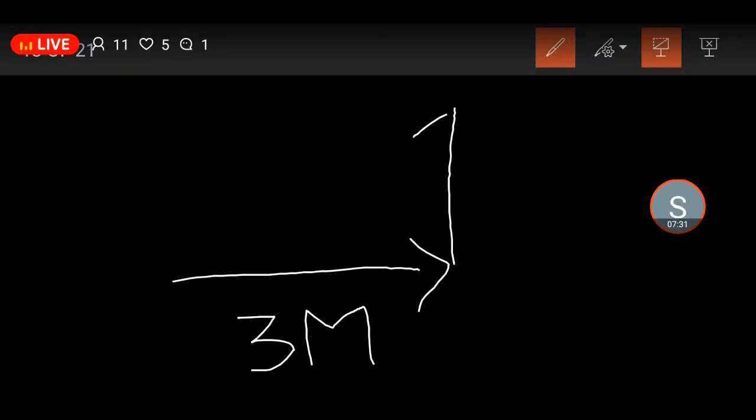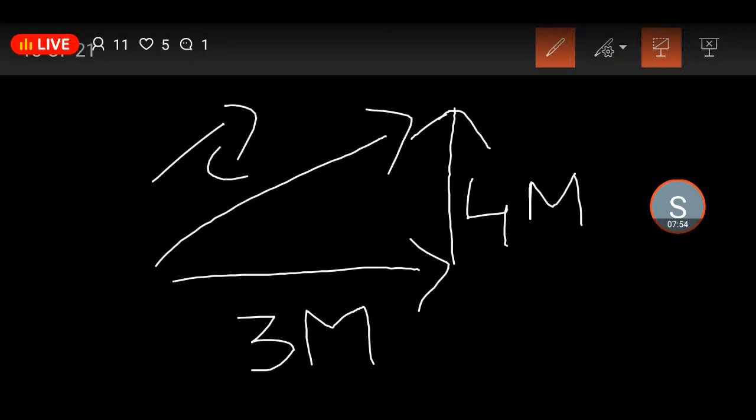She moves in the northward direction and moves 4 meters north. The resultant vector is the sum of vector A and B. The sum of two vectors is the resultant vector.